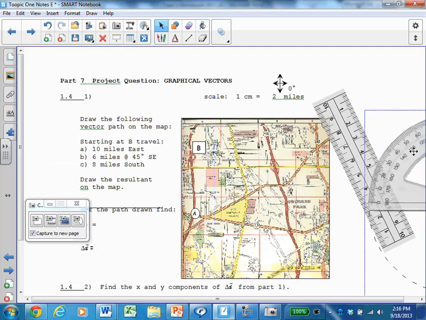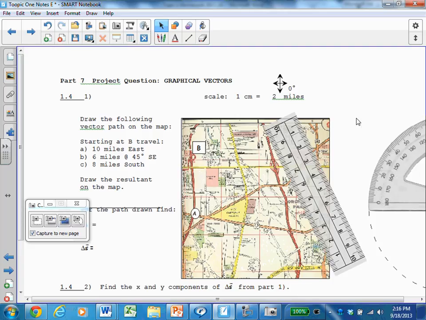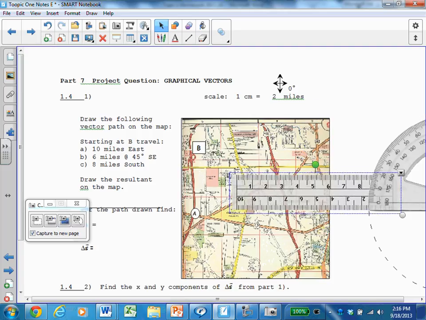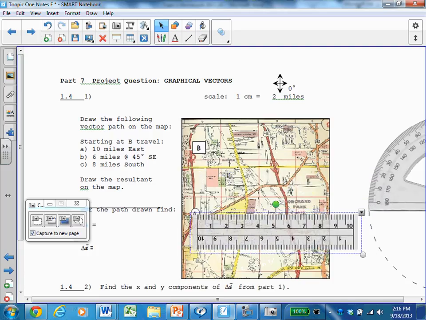All right, so let's try this one. We have, starting at A, we go 10 miles east. East would be this way. And I just go 10 centimeters, right? Oh, no. No, you don't, right?